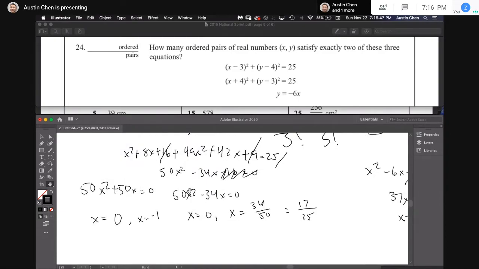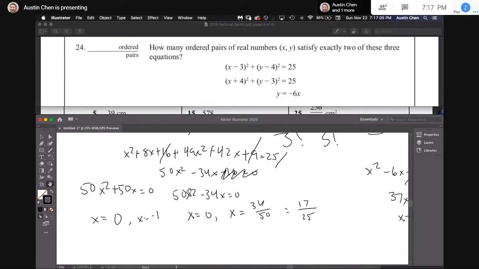Okay, so do you want to know the numbers? Yeah. Do you want to know all of them? Yeah. Okay. So for the top two equations, it was x equals 1 and x equals 0. X equals 1, x equals negative 1, sorry.